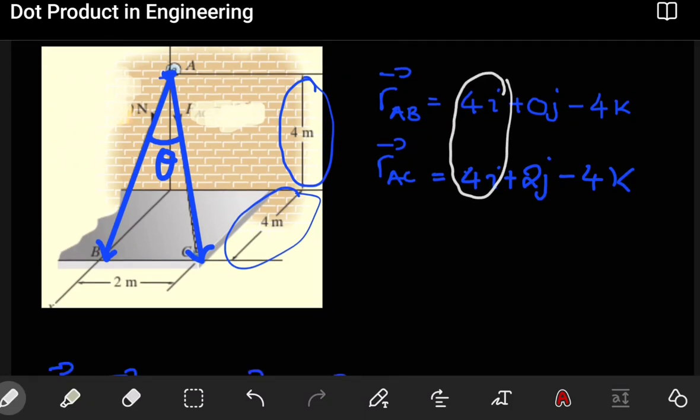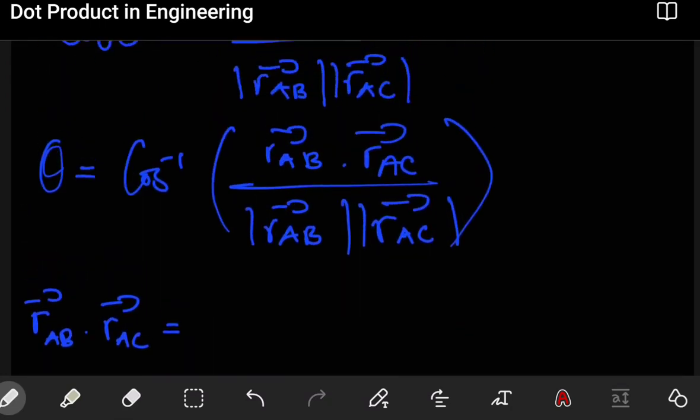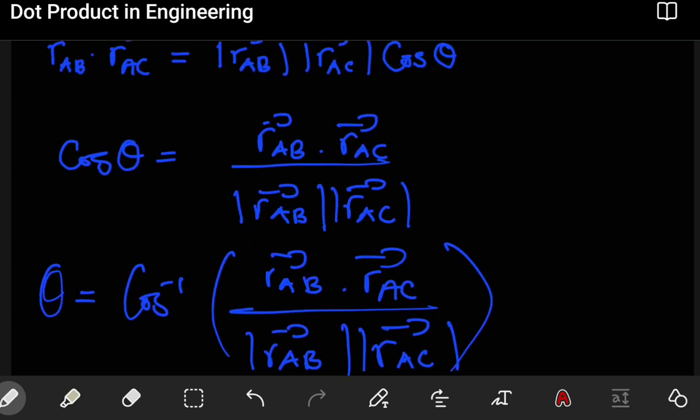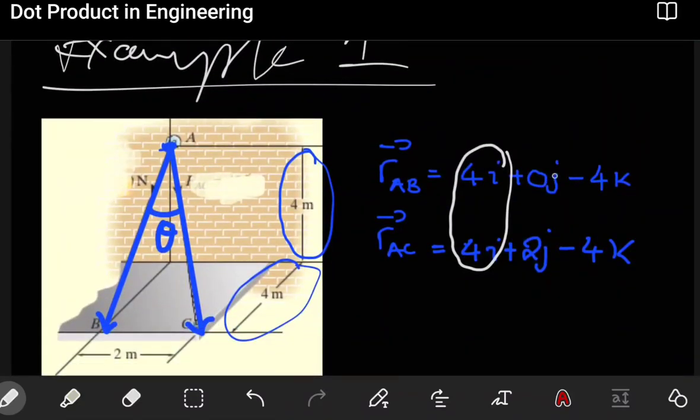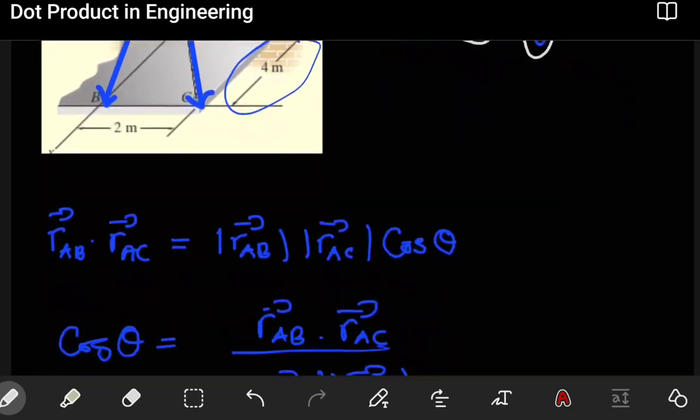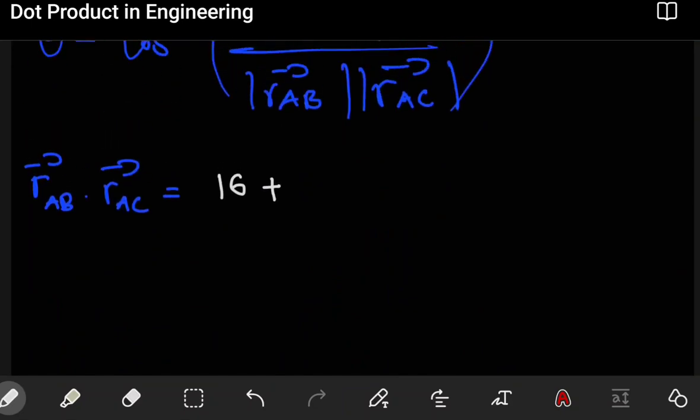So this is going to be 4 by 4, that's 16. So you have 16, plus the next, the j components or the y components, that's 0 times 2, that's a 0. Then we have the z components, which is negative 4 times negative 4, which is positive 16.